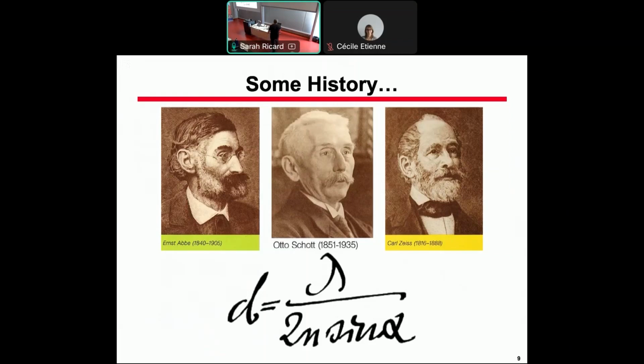The interesting thing is that more than 100 years later, there are two countries which still have the microscope objective manufacturers. That's Germany and Japan. These are the two countries that have companies making scientific glasses, Schott in Germany and Ohara in Japan. So the link between technology and science is really very interesting.